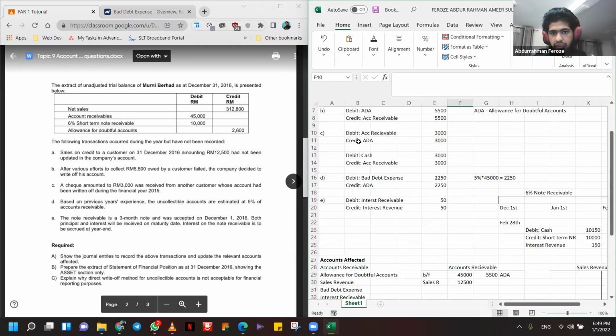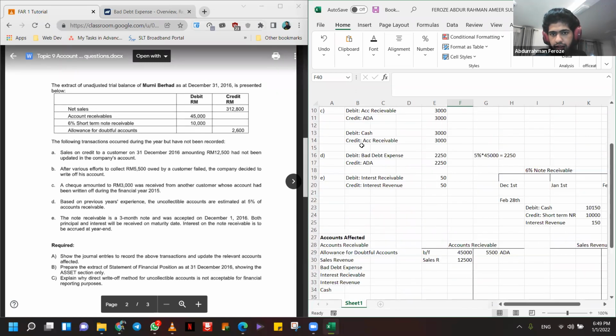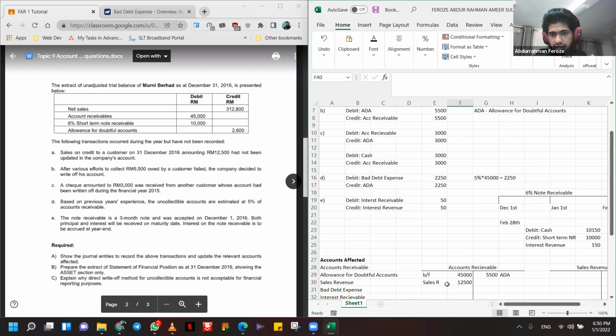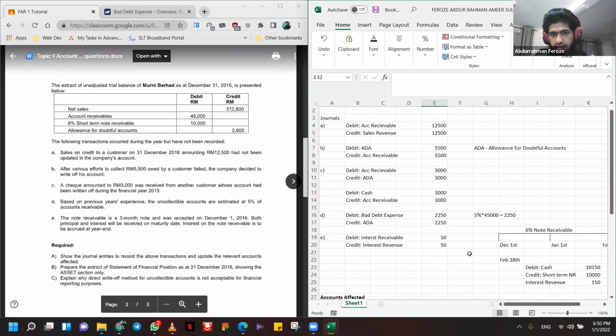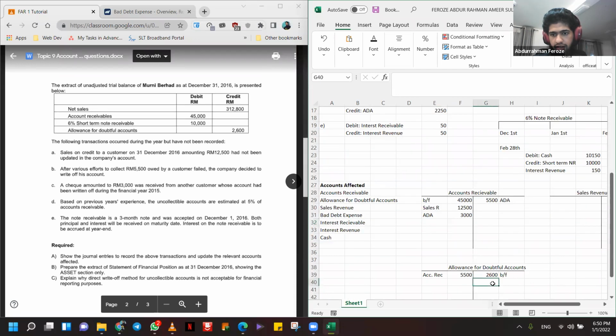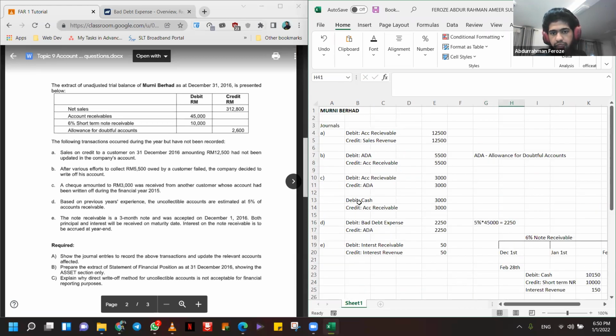Okay, and then we have part C where we debit account receivable 3,000 and credit ADA 3,000. And then we have the next journal entry, which is debit cash and credit account receivable.